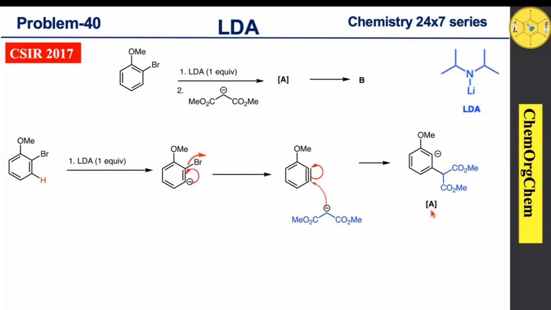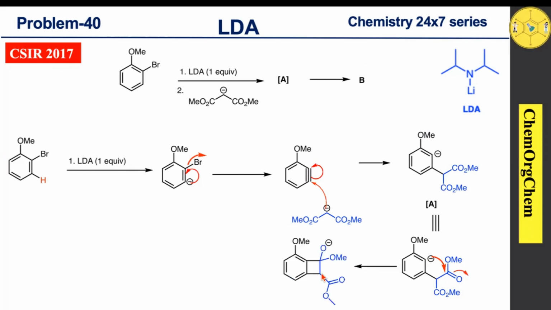This intermediate A in the next step is going to convert into the product B. Let's see how this happens. For our convenience, let me redraw the structure like this. Now this negative charge attacks the carbonyl carbon of this ester group. The pi electrons move towards the oxygen atom, which produces this corresponding fused four-membered ring containing intermediate.